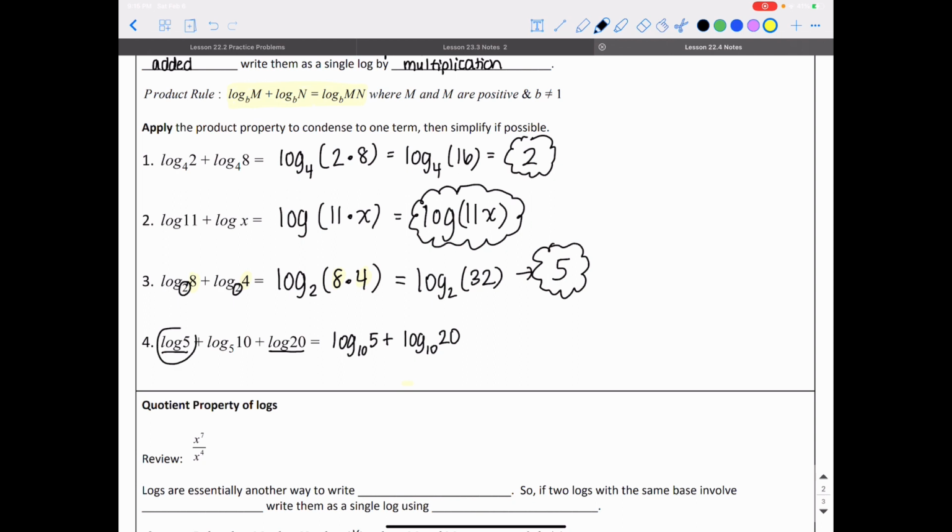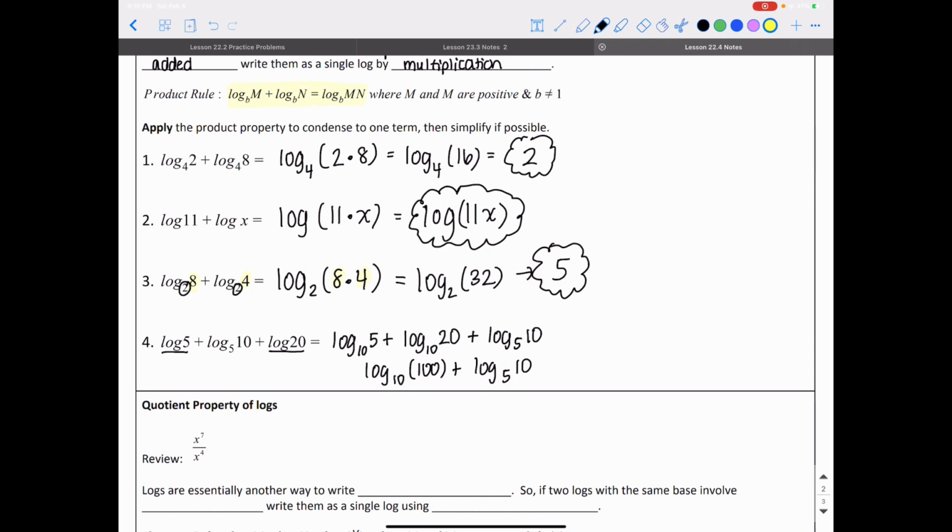I rewrote this one, and I put them together, plus that extra one, log base 5 of 10. From here, I would simplify log base 10 of 5 plus log base 10 of 20 gives me log base 10 of 5 times 20, which is 100, plus log base 5 of 10.